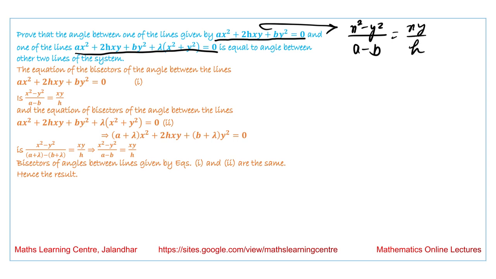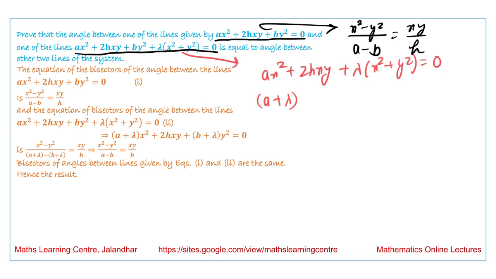And if we look at this second equation, it is of the form ax square plus 2hxy plus lambda times x square plus y square is equal to 0. So if we combine these terms, it is a plus lambda times x square plus 2hxy plus lambda times y square is equal to 0.